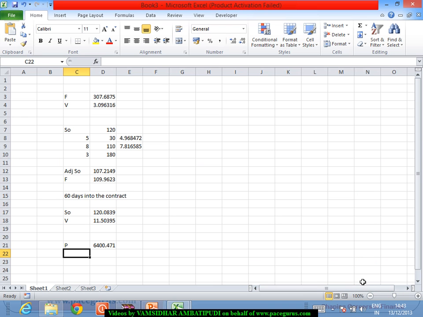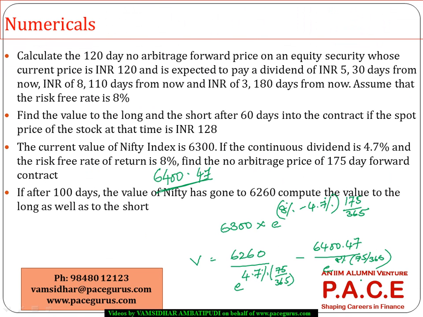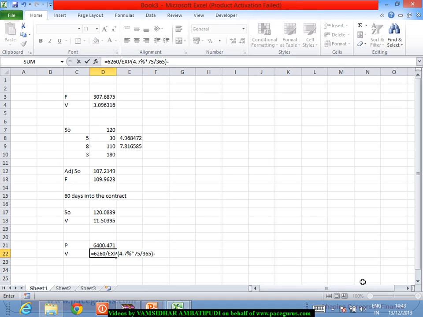So if I try to find out the value, it is nothing but 6,260 by e power 4.7% into 75 by 365, minus whatever is the no arbitrage forward price divided by e power 8% into 75 by 365.